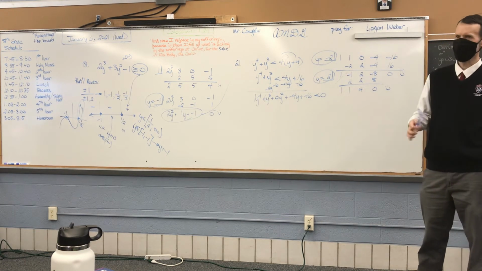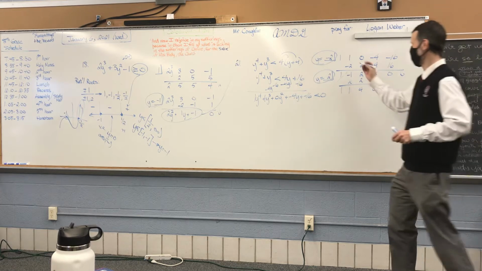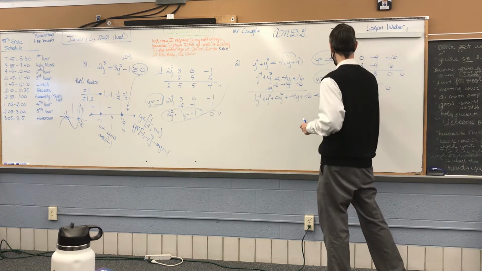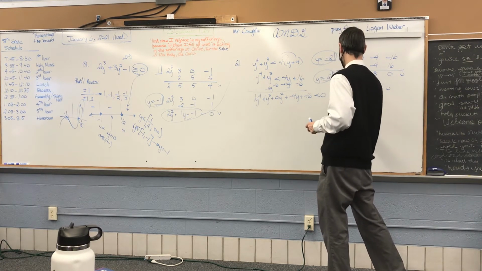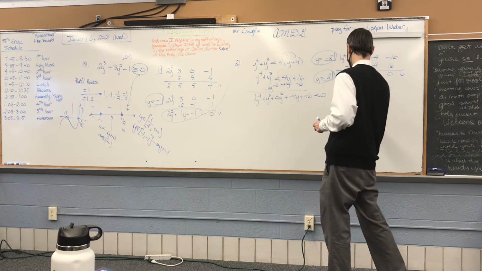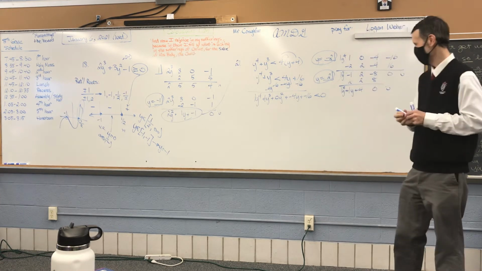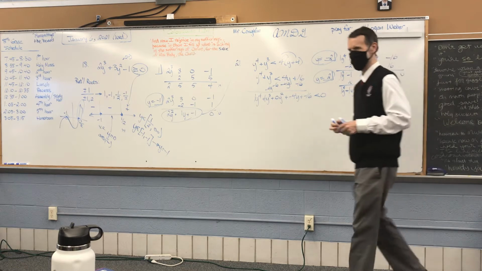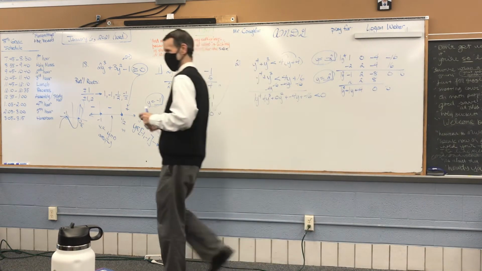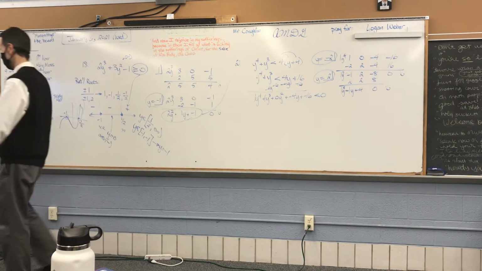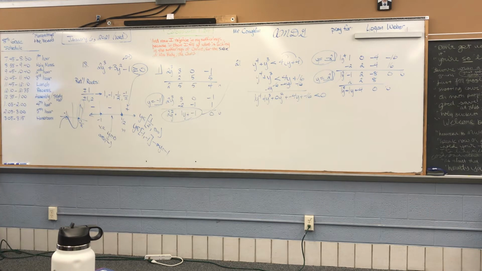How many roots are left? 2. This was y to the 4th. It went down to y to the 3rd, and now it's y squared. How do you find these? It's a quadratic now.